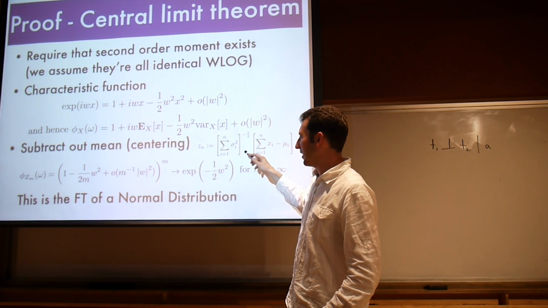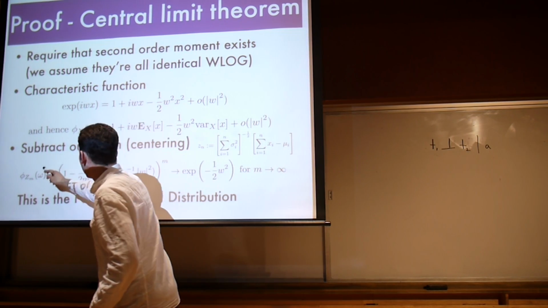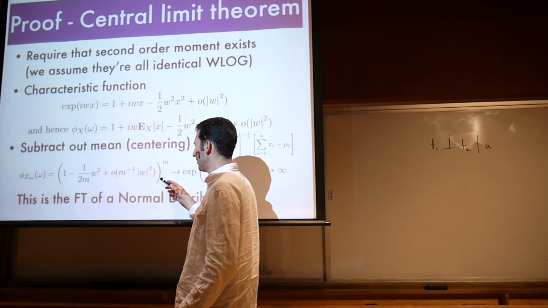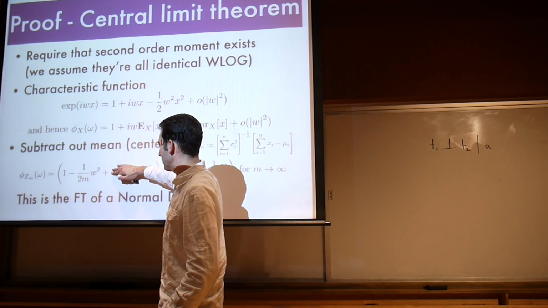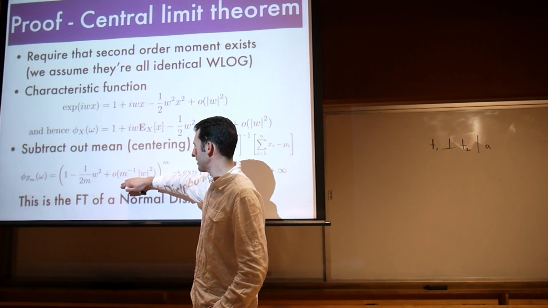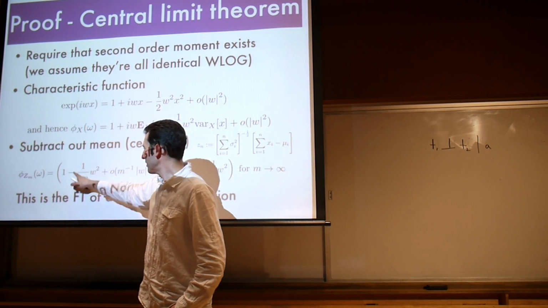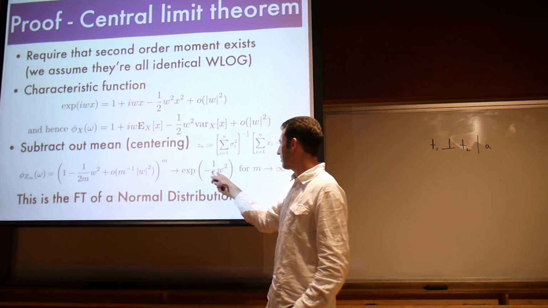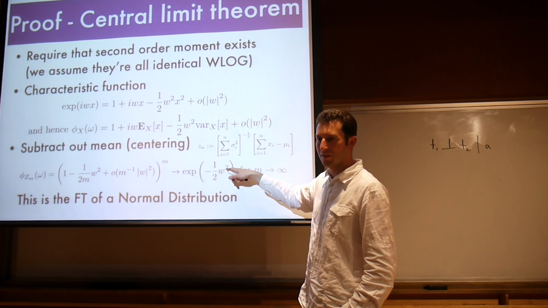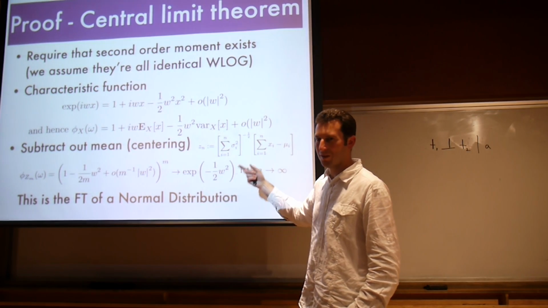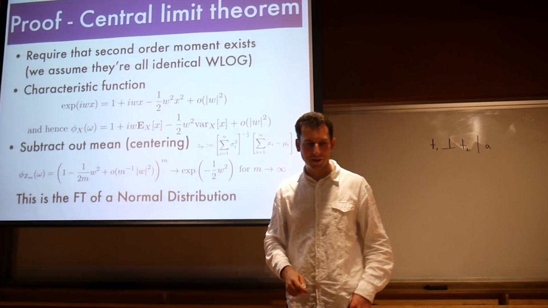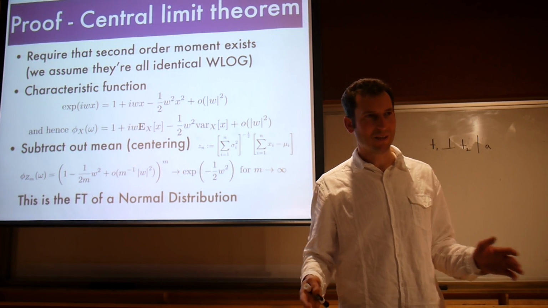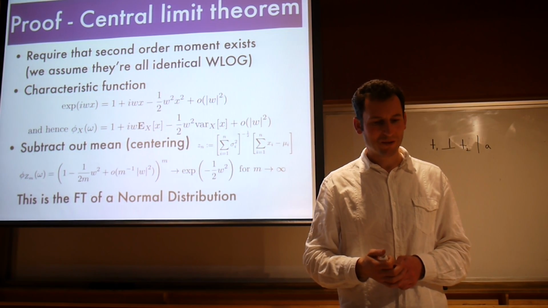Then after a little bit of algebra, you see that this is the expression that you get. And so these are again higher order terms, so they all disappear nicely. And this one here remains. So this thing gives us e to the minus 1 half omega squared, which is a Gaussian. And since the Fourier transform of a Gaussian is a Gaussian, we know this is a normal distribution.